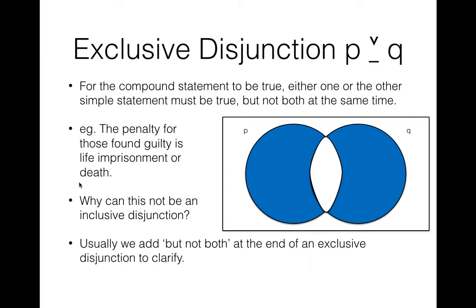They can't happen at the same time. So in this case, if this was life imprisonment and this was death, the bit in the middle could not be true. So normally, to clarify this, we would add but not both at the end of the disjunction.